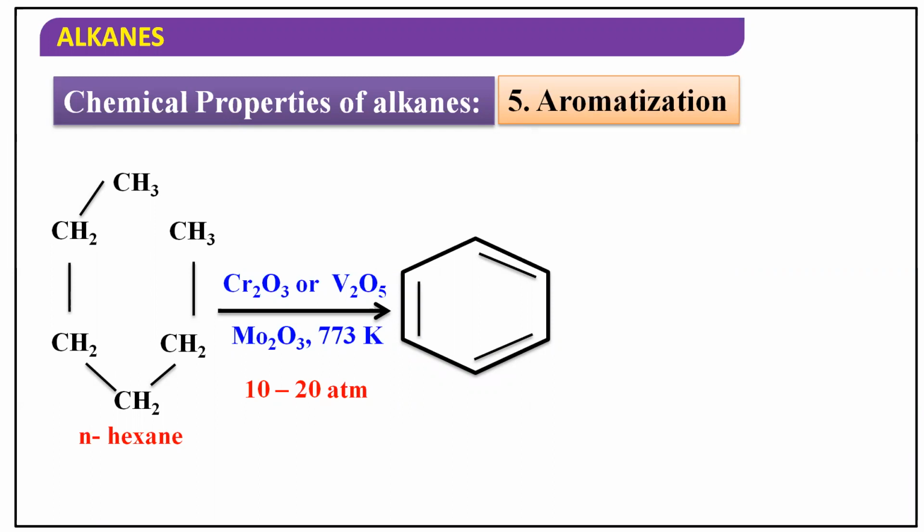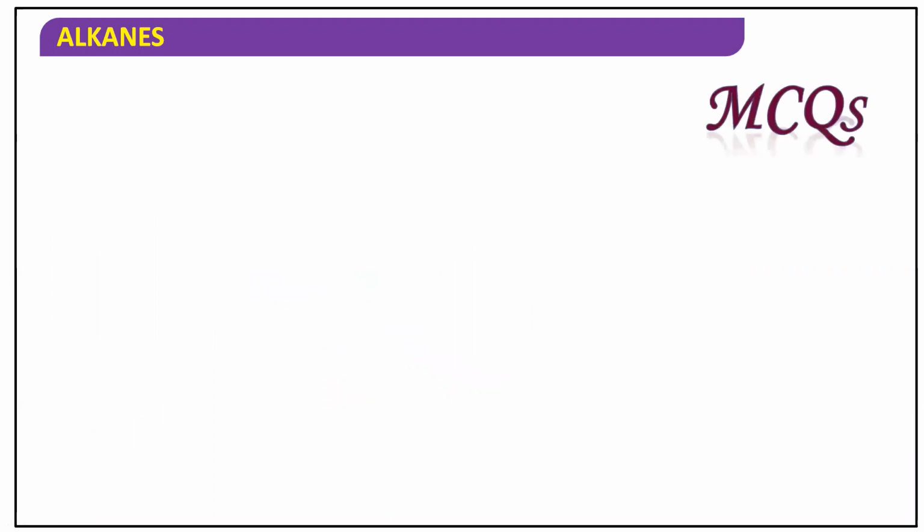Suppose A gives B, B gives C, and all those types of questions, finding the unknown product. In that case, you have to understand that with this temperature and pressure, we get the benzene ring. Hence, the reaction altogether will be different. So aromatization is there, and benzene is formed.